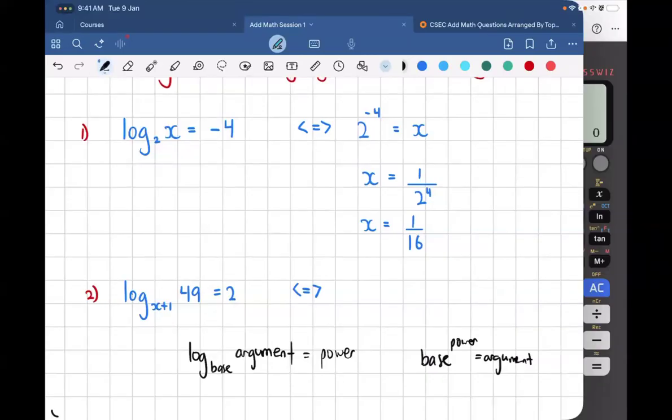I mean, you could do that, or you could expand and solve the quadratic. There's two ways you could do it.